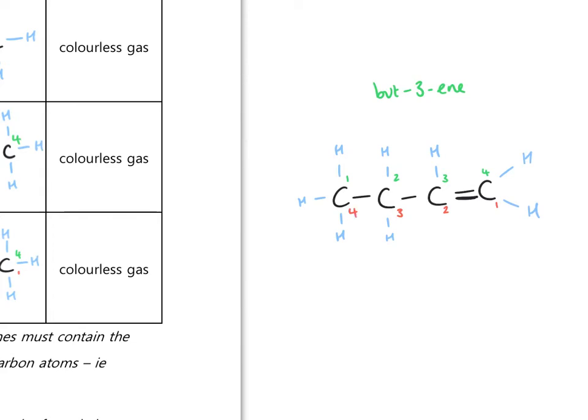In this case, our double bond is between carbon 1 and carbon 2. And what's the rule? The functional group should always be on the lowest number of carbon. In this case, it would be called but-1-ene because it is between carbon 1 and carbon 2. And this is the correct name because we have numbered it in such a way that the functional group is on the lowest number of carbon.